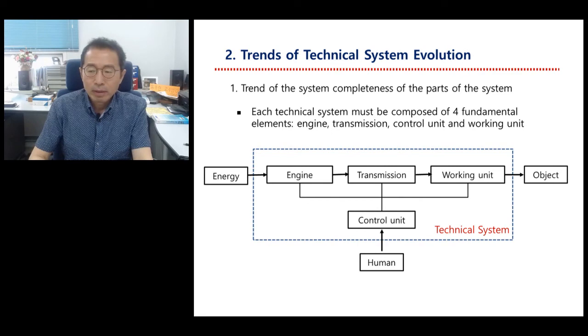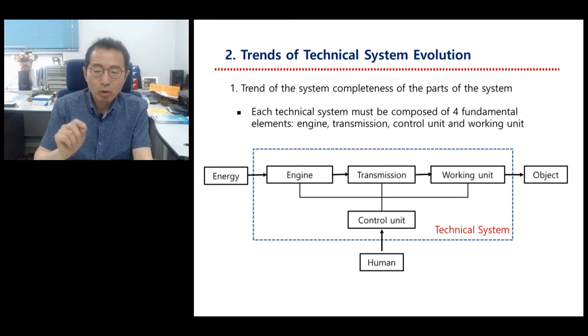Humans operate the system through control units. The core organ of the system is the working unit, which first occurs when the system is born. As the system develops, engines and other organs emerge.